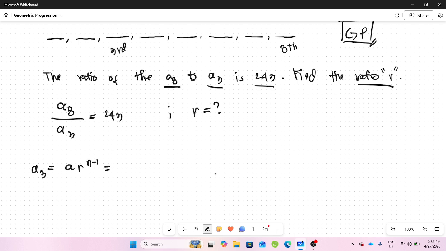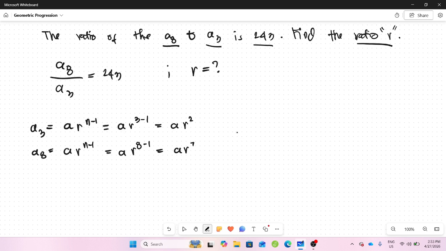So for the third term, this should be a r to the 3 minus 1, which gives us a r squared. Now for the eighth term, this should be a r to the n minus 1, so for n here it becomes 8 minus 1. This gives us a r to the 7.